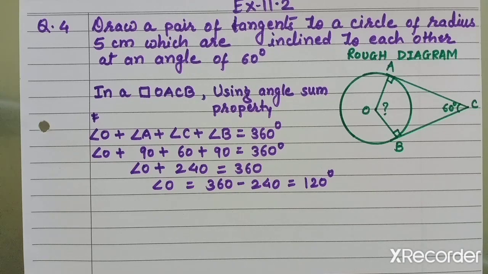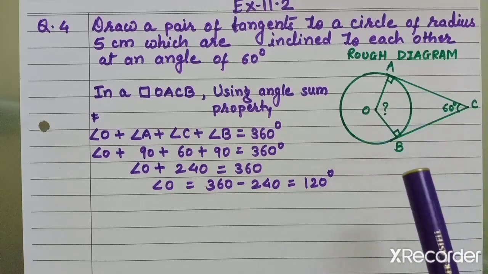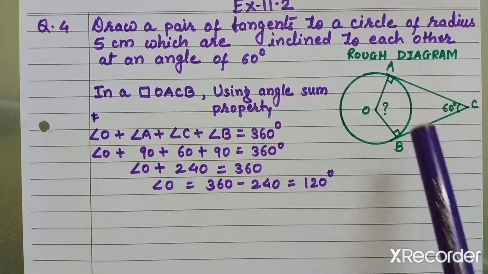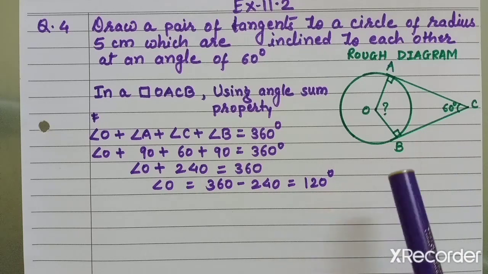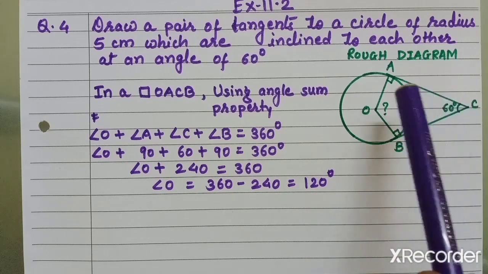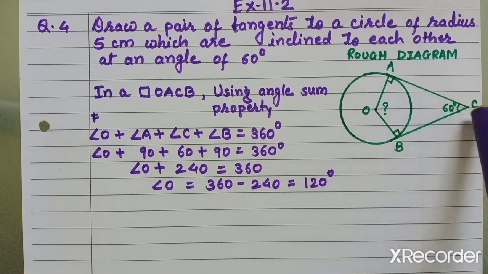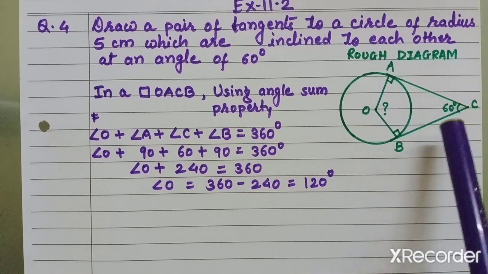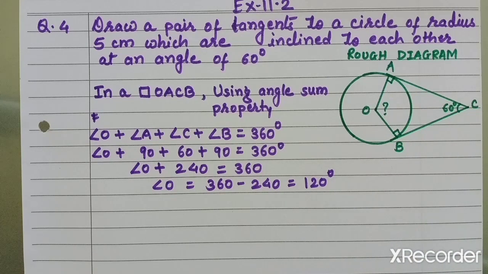So children, here we need a little calculation because the distance of that exterior point is not given to you. Okay. So what we will do? Let us draw a circle of radius 5 cm. This is a rough diagram I am explaining to you. And the angle made by these two tangents is 60 degrees. This is given to you.